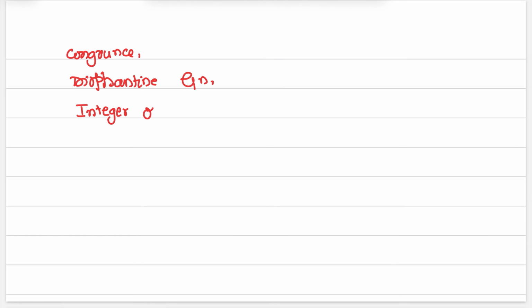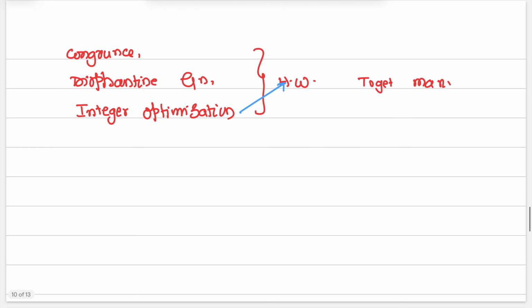That integer optimization, I request you people to work on it and do it as a homework, and solution I have given you, and try to see how to do the optimization of integer to get maximum value. Integer optimization, I want to give it as a homework. And the maximum value what we have got for a plus b is equal to 989, which is less than 999, hence 989 is the correct value.